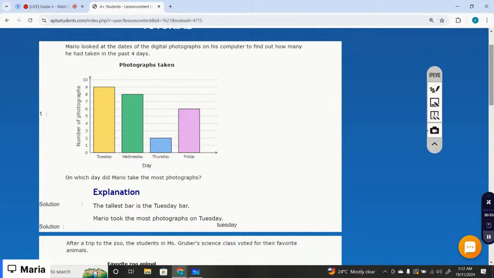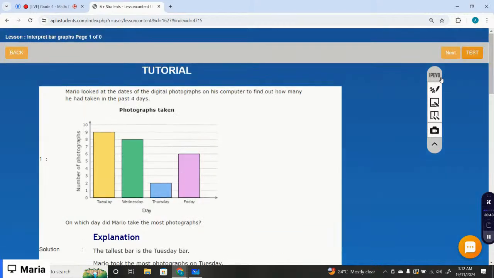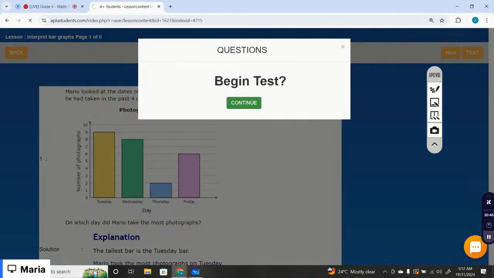You have to look for the tallest bar, right? That is on Tuesday. So that means most photographs were taken on Tuesday. Let's just start with the test questions.